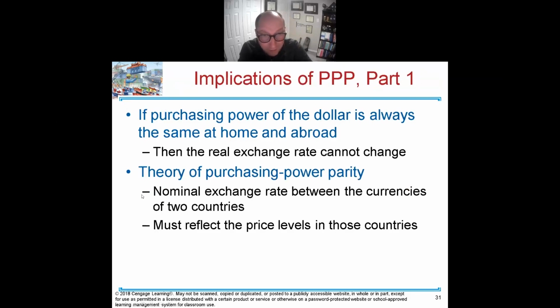We talked about those things before. If the purchasing power of the dollar never changes, then the real exchange rate will not change. But we know that that's not the case. It goes up and down.